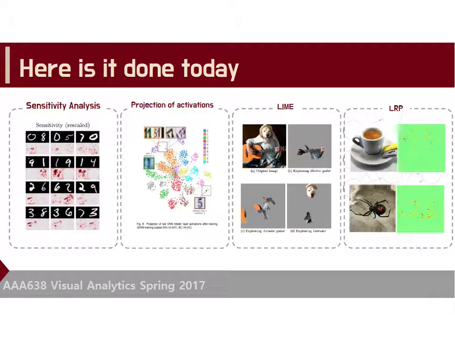It is used to see the distribution of output activation values in the last hidden layer with PCA or t-SNE. And LIME was a method proposed at KDD. It only keeps the pixels that are related to the decision.